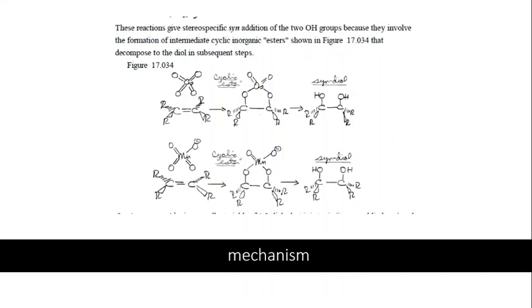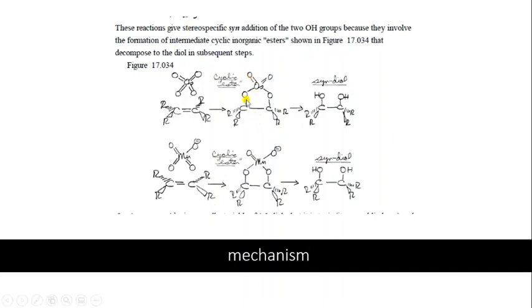You can see that now the double bond of the alkene attacks on the oxygen, pushing the electron pairs toward the osmium, and then the other electron pair from the oxygen attacks on the other carbon. So there is a cyclic intermediate formation where the two oxygens are attached to the two carbons.